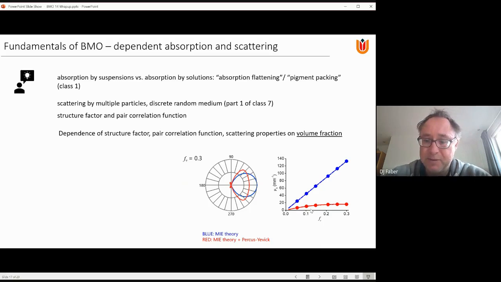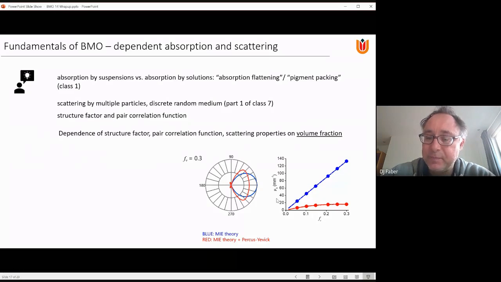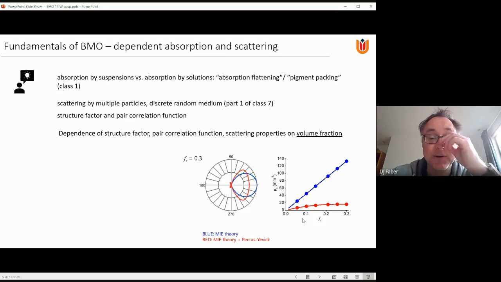So the most important effect of this dependent scattering, this volume fraction dependent scattering, is shown in the red graph over here. Here's the scattering coefficient of a sample as a function of volume fraction. So along the horizontal axis, more and more particles are added. In the picture where these interferences are ignored, that's the blue curve. We see that the scattering coefficient is just a linear function of volume fraction.